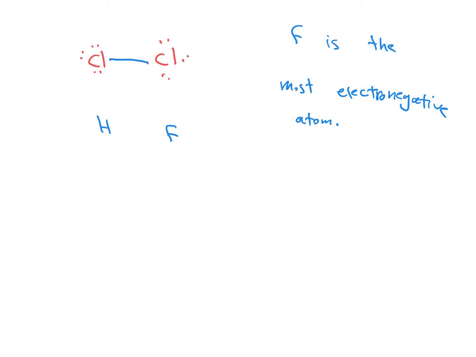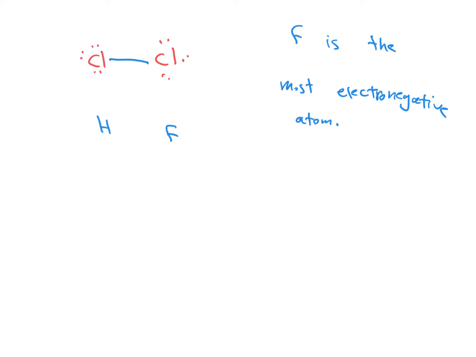Electropositivity, which is the reverse of electronegativity, is the same as metallic character. So when you go left to right, since metallic character decreases, electropositivity decreases. And going up to down, metallic character increases, so electropositivity increases.